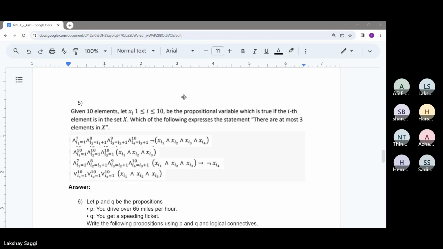X. So basically, there are 10 elements and the x1 to x10 variables are the variables for whether the ith element is in set X or not. So we are choosing a set X from the 10 elements. And now we want to say that there are at most 3 elements in X using these variables. Does the problem statement make sense to everyone?